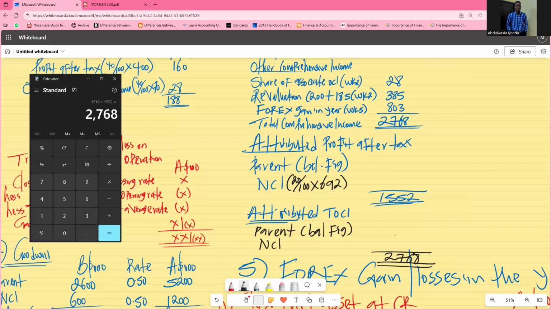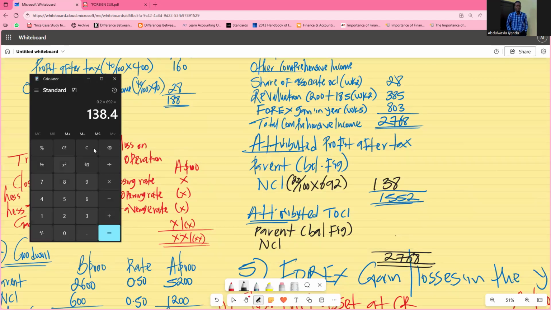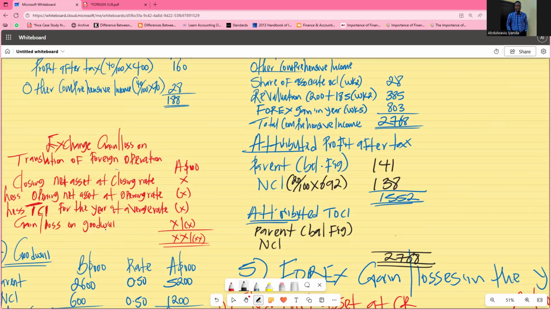So you can say 0.2 multiplied by 692, then that is 138. Then you say balance figure, which is the parent: 1552 minus 138. So this one will now be 1414. So that's all about that.